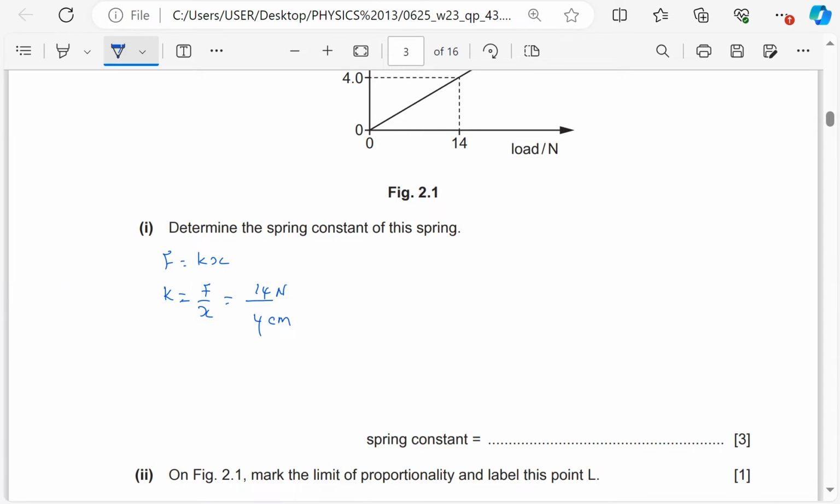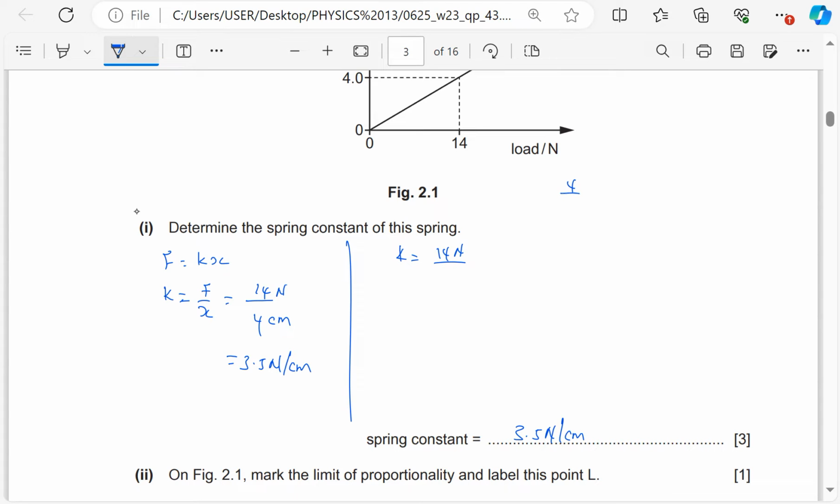So this is 3.5. So K is going to be 3.5 newtons per centimeter. Alternatively, you could say K is equal to force, which is 14 newtons, over distance.